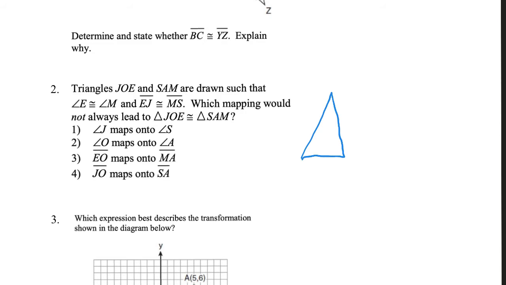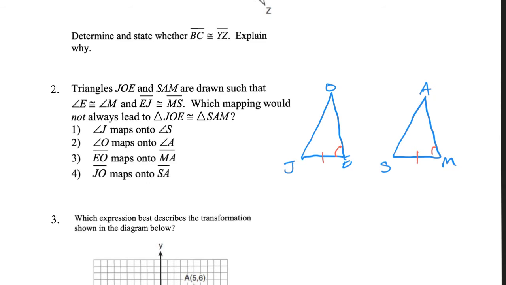So I get one triangle, the other triangle, I got J, O, and E. I got Joey, and then I got a Sammy. All right, and it says that E is congruent to M, so this is congruent to that, and EJ is congruent to MS. Okay, so for this one, I'm looking for just those.